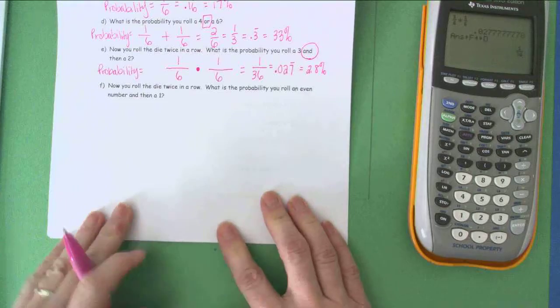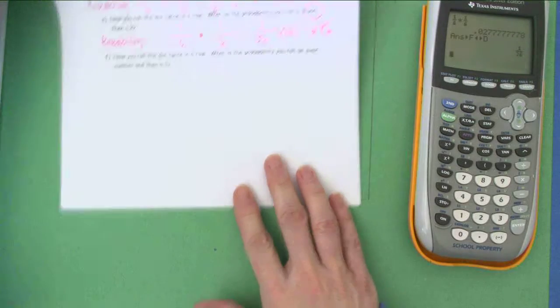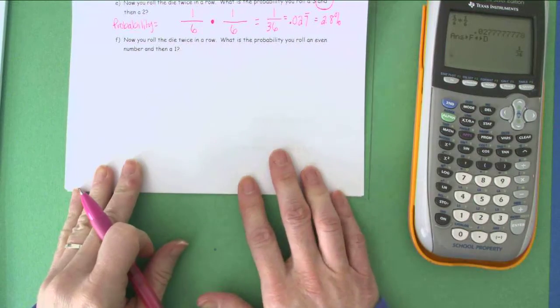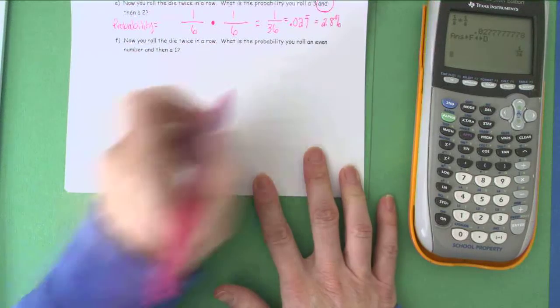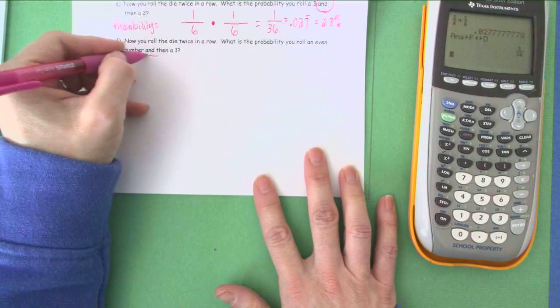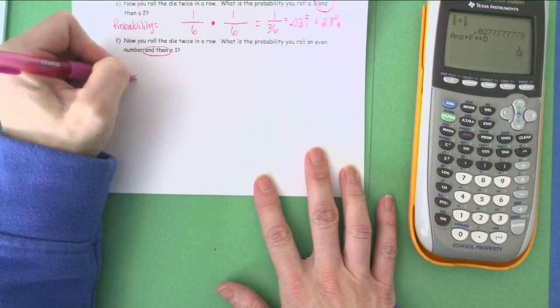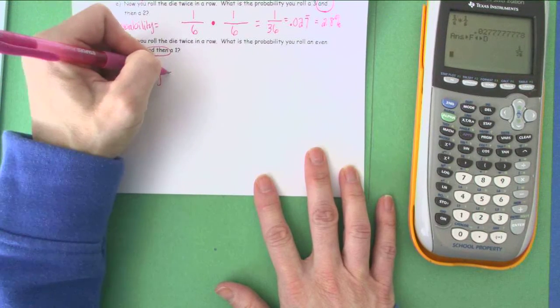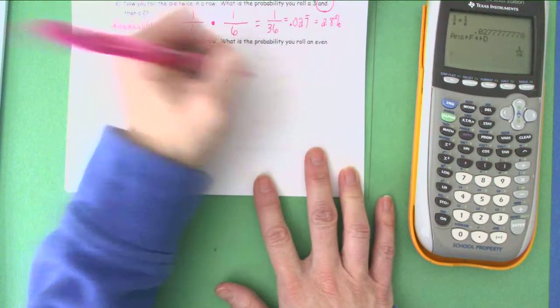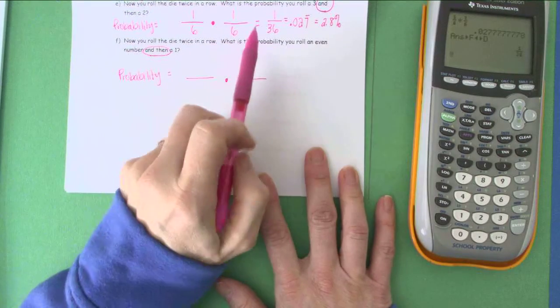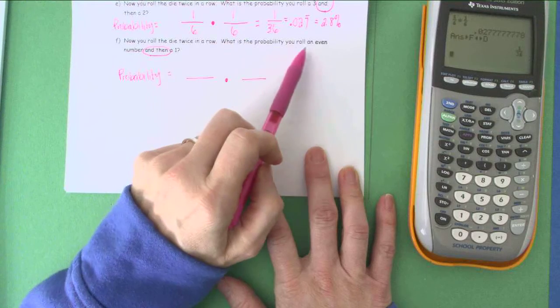Okay? Last but not least, now you roll a die twice in a row again. What is the probability you roll an even number and then a 1? And then indicates multiplication. So, multiply 2 probabilities. First is, what is the probability you roll an even number?